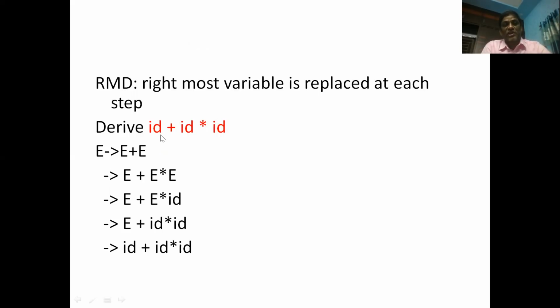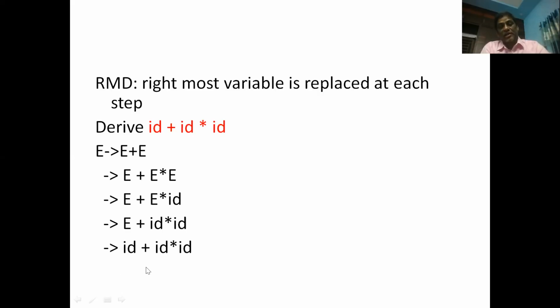Suppose I want to derive the same string, and I'll begin with E implies E plus E, and then because it is the rightmost variable I must replace, I'll replace this rightmost variable with E star E. Now it contains three variables, so the rightmost variable is now replaced with ID, and then the next rightmost variable is replaced with ID. And finally, there is only one variable remaining that will be replaced by ID.